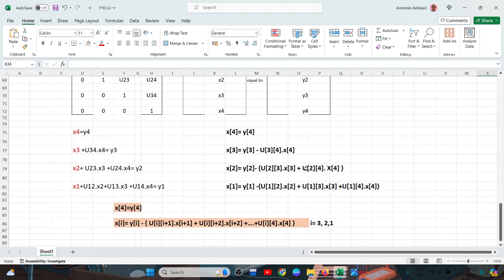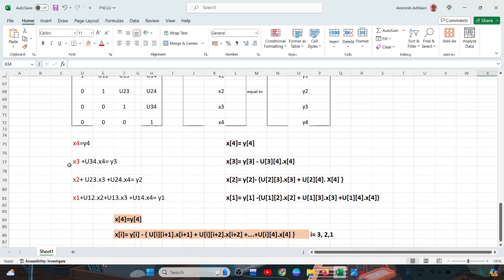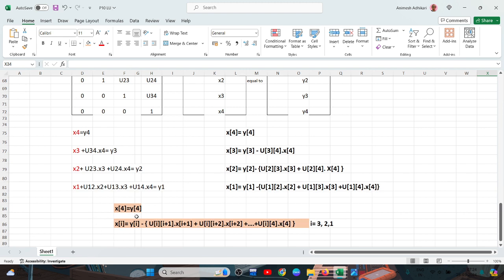Actually here we use the back substitution, x4 equal to y4. So we get this, and then x3 plus u34 x4 equal to y3, and from this we get x3 equal to y3 minus u34 into x4. So obviously we get x4 equal to y4, and the others from 3 to 1 we get from this equation.